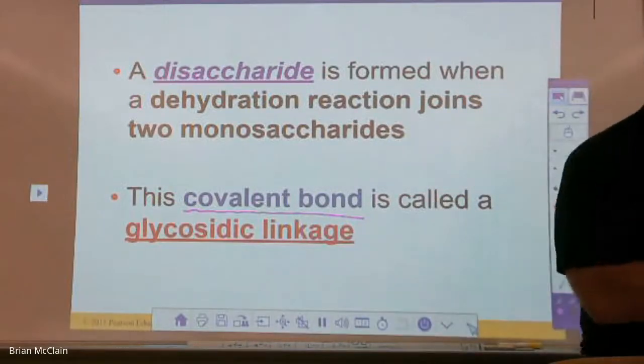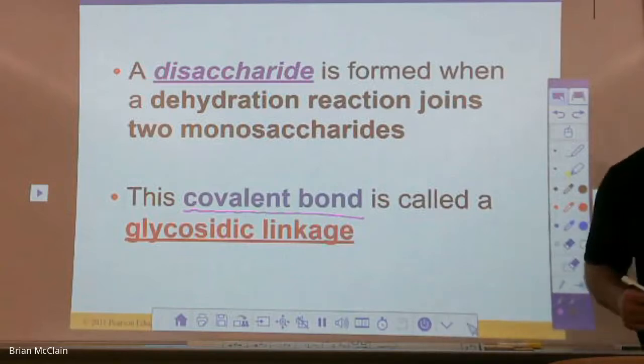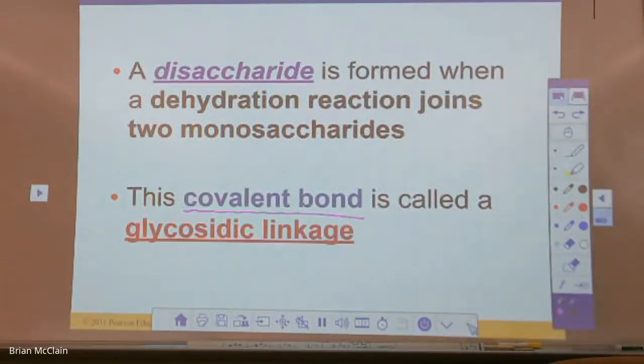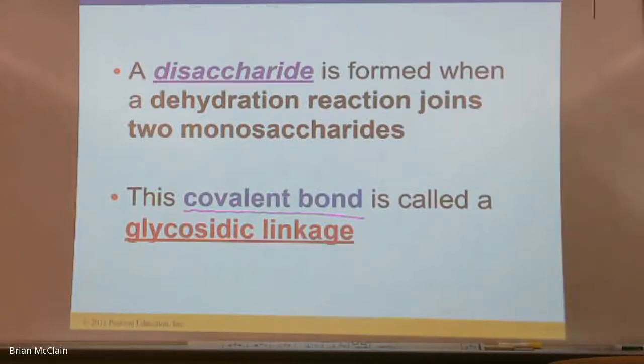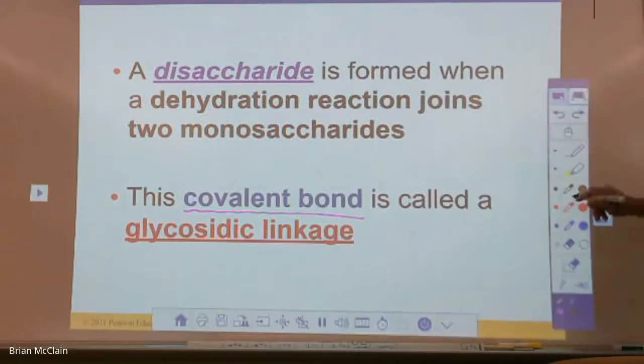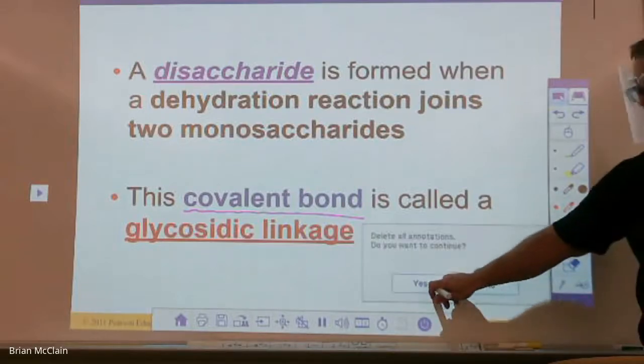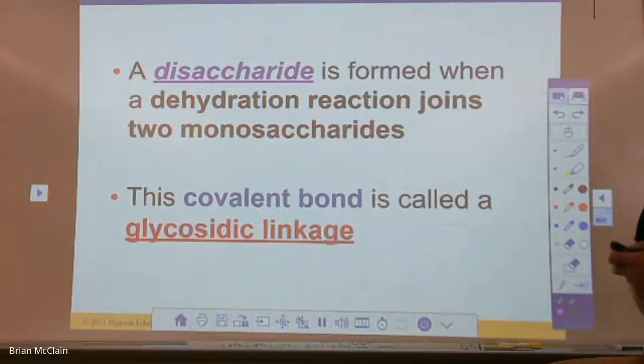So what we're going to find is different types of glycosidic linkages will influence how we're able to literally digest or break things down. Okay, so let's look at an example of something on this next slide here.